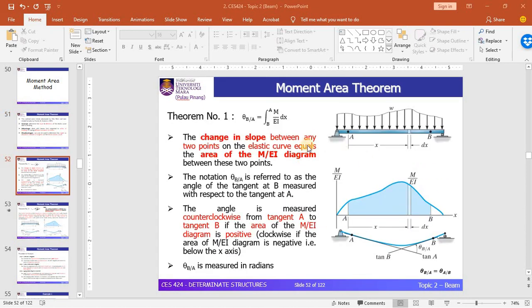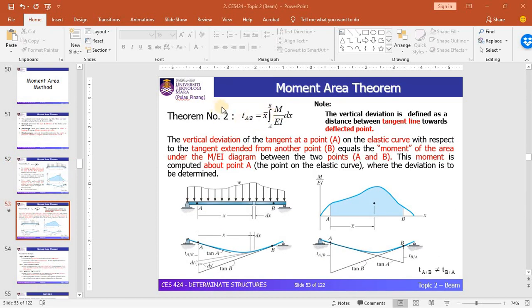Basically, there are two theorems that we need to learn based on this moment area method. The first theorem is about the angle, where we can use it to calculate the angle in a beam. Meanwhile, the second theorem is used to calculate the deviation or vertical displacement in the beam.